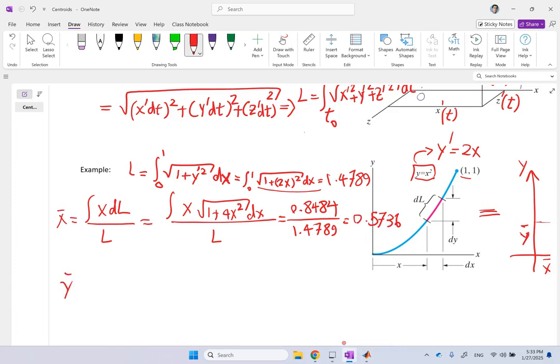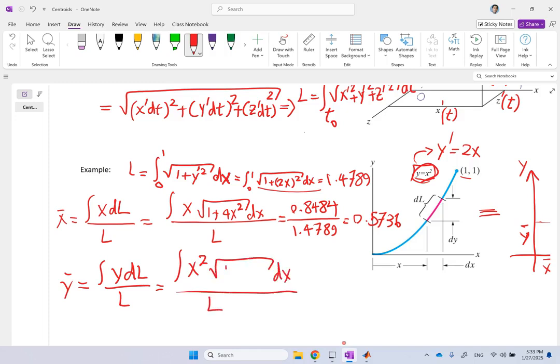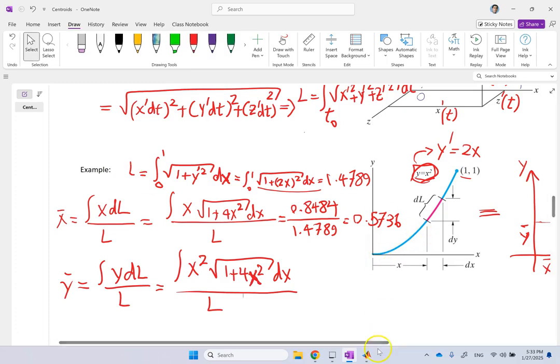Similarly, y bar is integral of y dl over L. Now, what is y? y is x squared for this guy. So this is going to be integral of x squared, dl is still the same thing, over L. So you see now you have to calculate this one. And again here you can use that same trigonometry replacement.